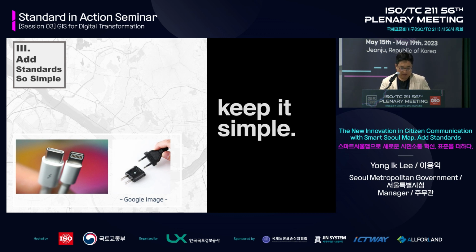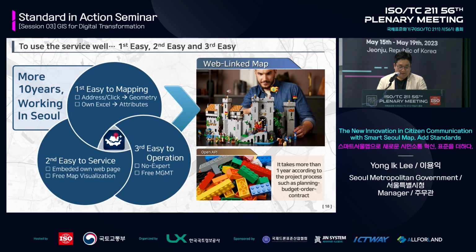Now that was what I had to say about our Seoul Smart Map, and I would like to connect it to the concept of standards. My philosophy is that standards should be simple. For the last 10 years, what I learned as I have worked on geography and map making is that everything should be easy.